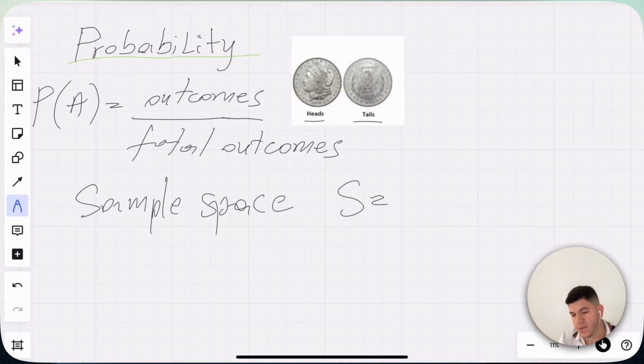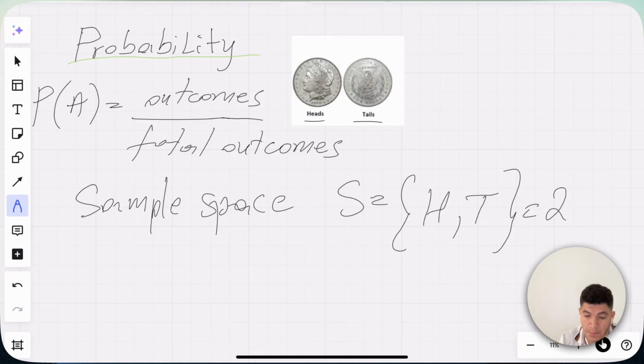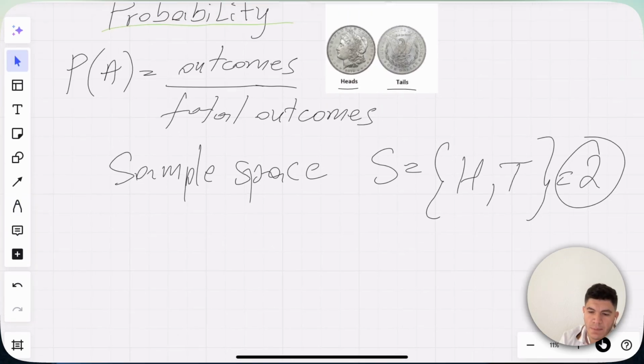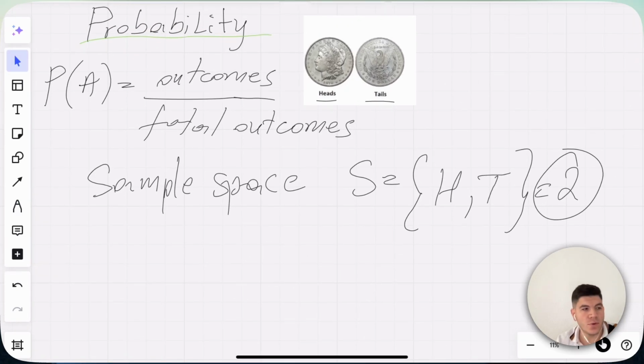You cannot have both at the same time, as there is no third option. So the sample space, as we call it in statistics, is 2.